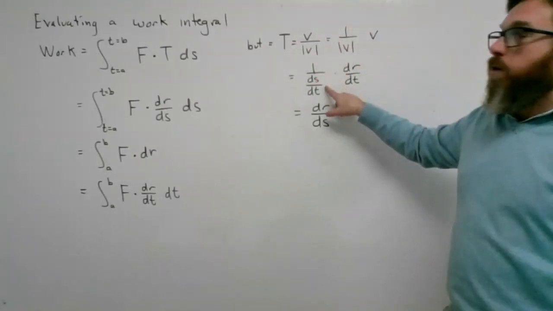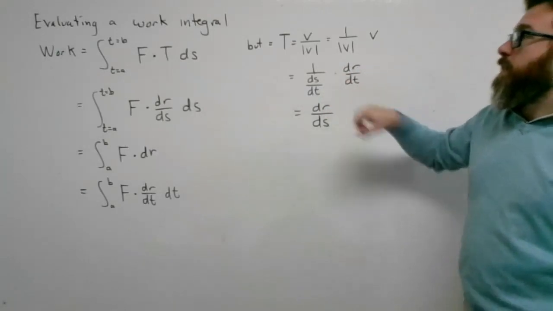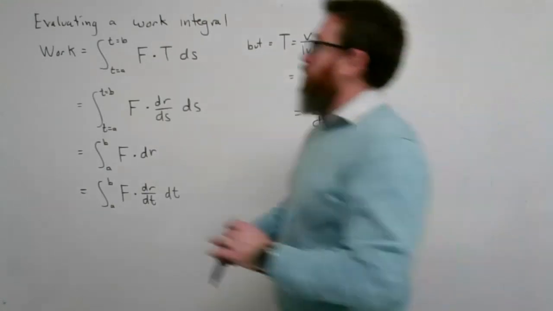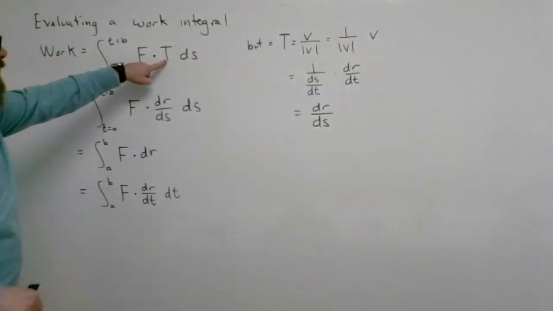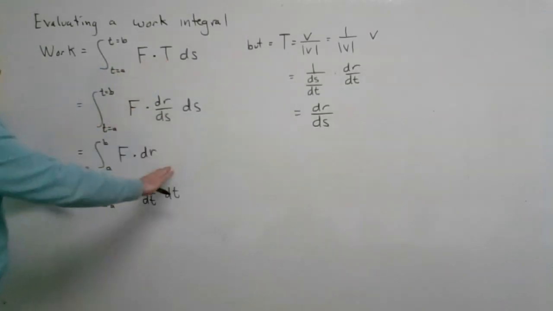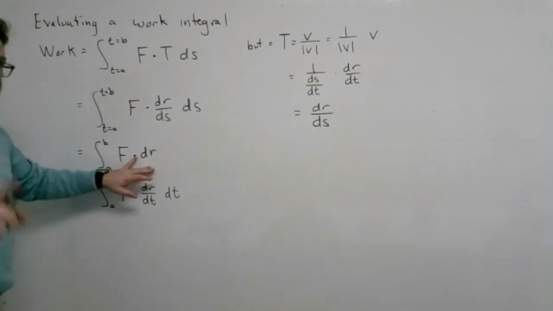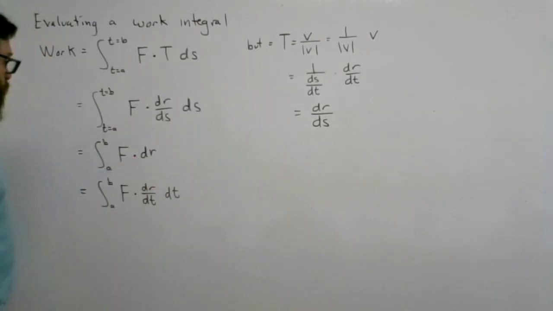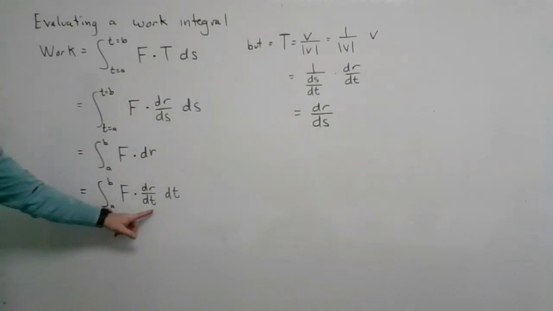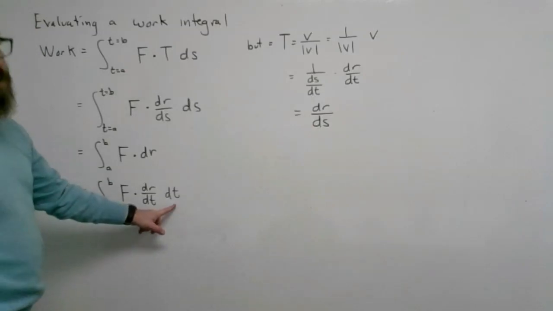So this is 1 over ds/dt times dr/dt, and we can see that it simplifies to dr/ds. So the unit tangent vector simplifies to dr/ds, and this simplifies to the integral from a to b of F dot dr. Still, I want everything in terms of t. So this is equivalent to the integral from a to b of F dot dr/dt with respect to t.